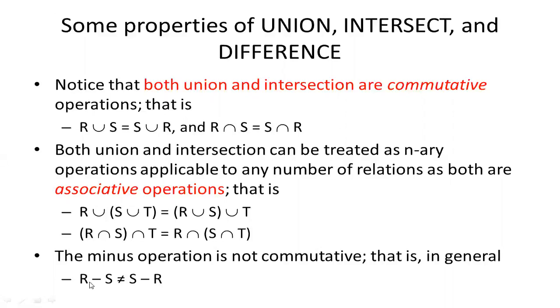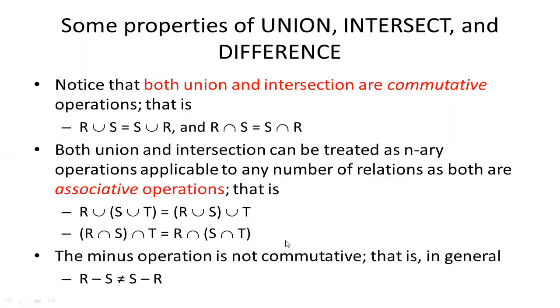For example, in the R relation, whatever tuples are available in S, you are going to subtract from R. If you apply the commutative property, that is S minus R, you will not get the same result, because in the minus operation you mainly concentrate on the relation present on the left side. That's why the minus operation does not support the commutative property.